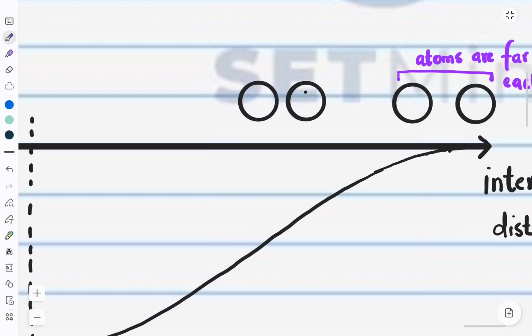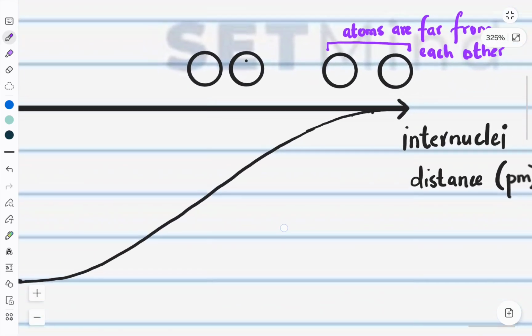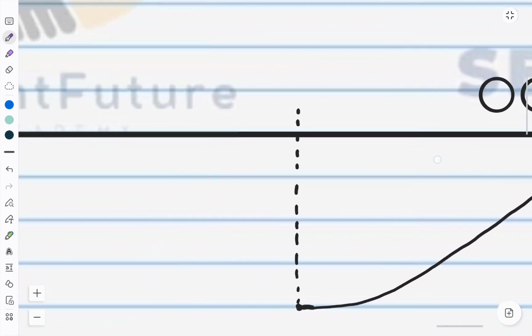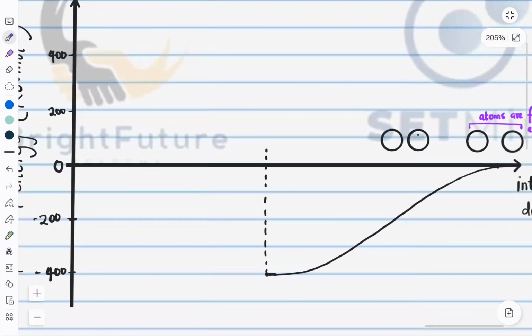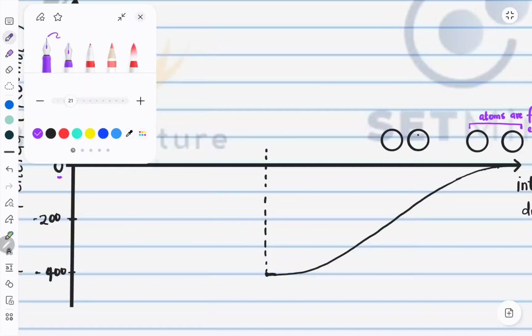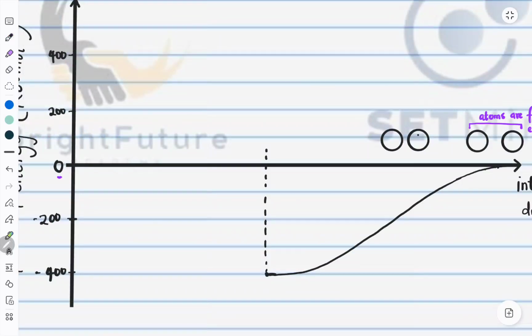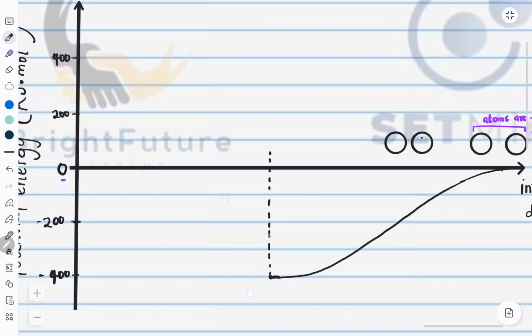Now as they get closer to one another, this internuclear distance drops, because let me just remind you of the basics. If I move from 0 on an x-axis and I go to the right, this is a positive x-axis, I am increasing in value. So you can just put random values here so that you can conceptualize this.